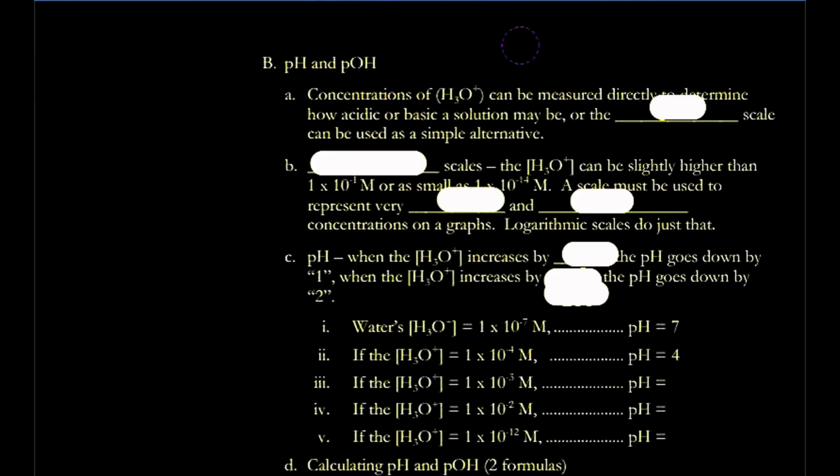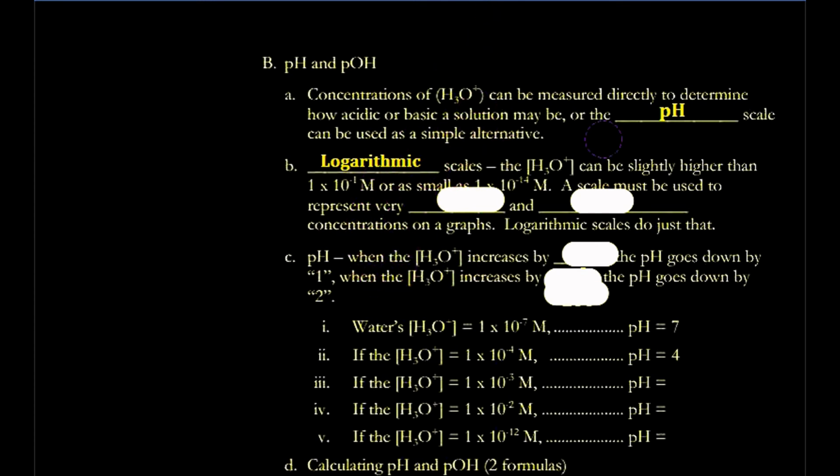Now, the way we can measure this is by paying attention to what's called the pH. Concentrations of hydronium can be measured directly to determine how acidic or basic a solution may be. Or we can use the pH scale as a simple alternative. The pH and pOH scales are logarithmic scales.